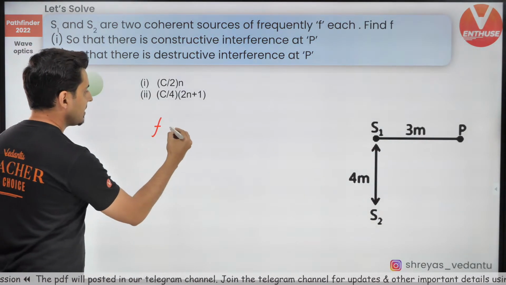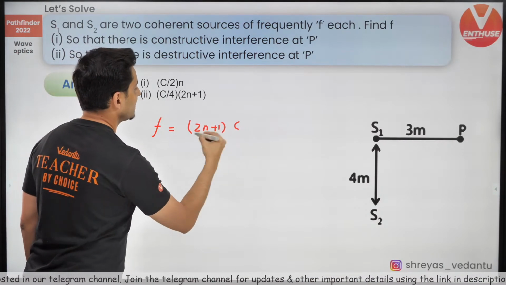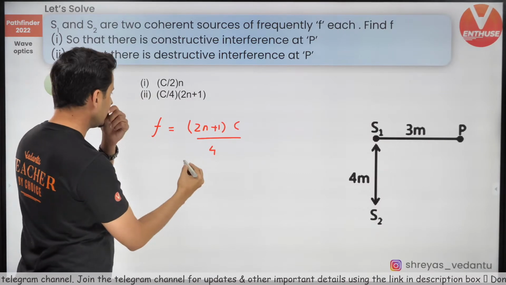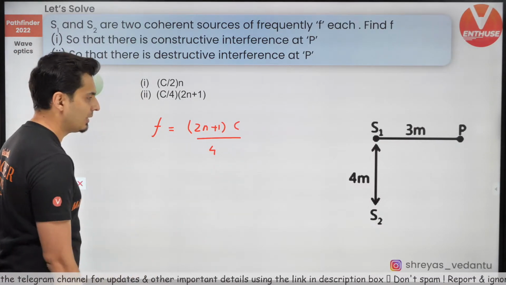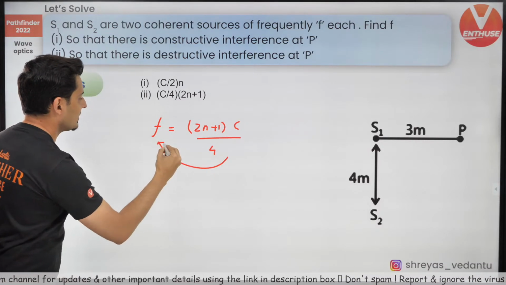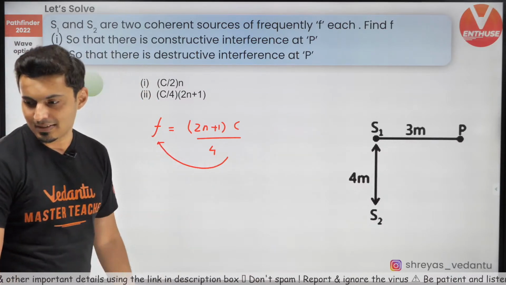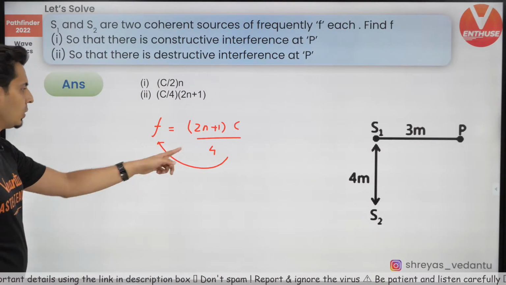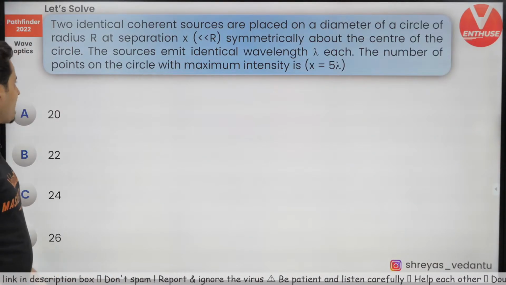So f will be (2n plus 1) into C by 4. That's it. So this should be the correct answer. Okay, cool. Is that understood? Can we move ahead?